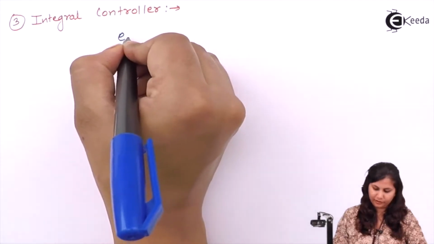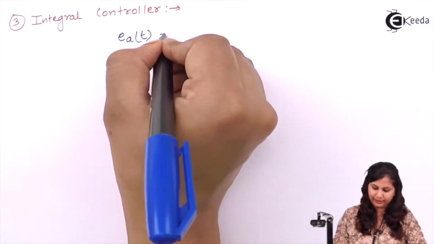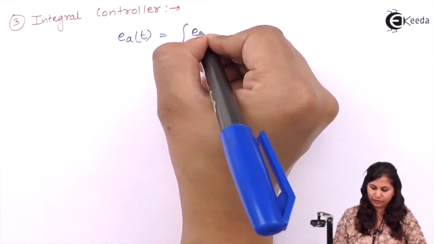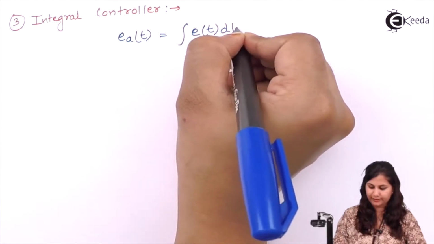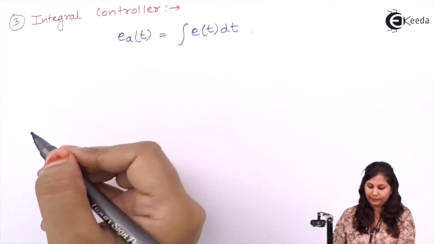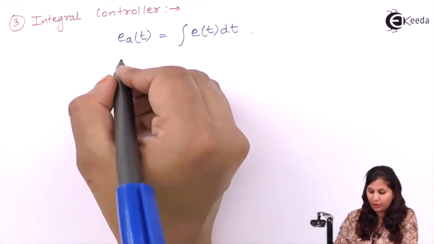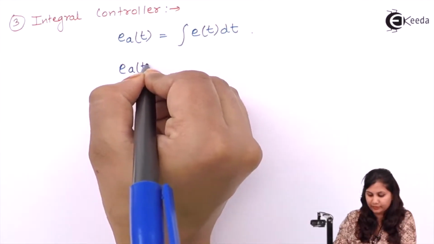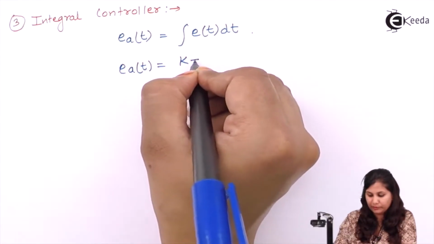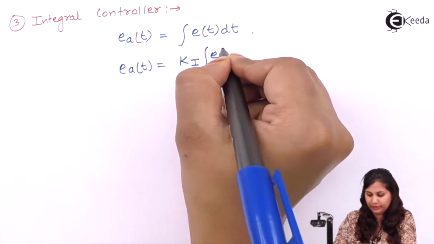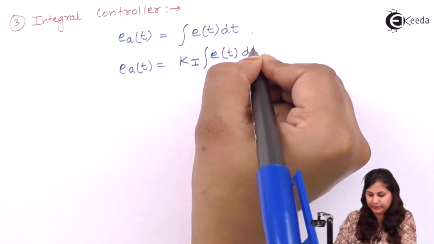So we have the actuating signal ea(t) equal to the integration of the error signal. If we write the constant, it will be Ki times the integral of e(t) dt.